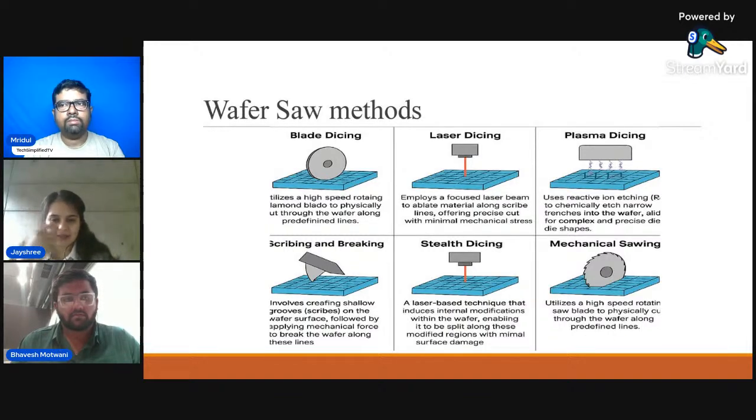And then plasma dicing. As we saw in sputtering, we were generating plasma, and the plasma was going to the wafer to deposit. Same as this, there are markings, and we generate the plasma. This plasma acts on these markings, and we are able to individually cut the wafer into dies. So again, the pros and cons.